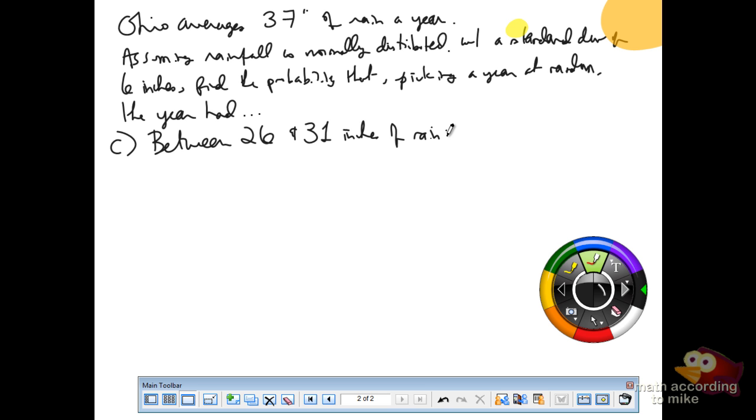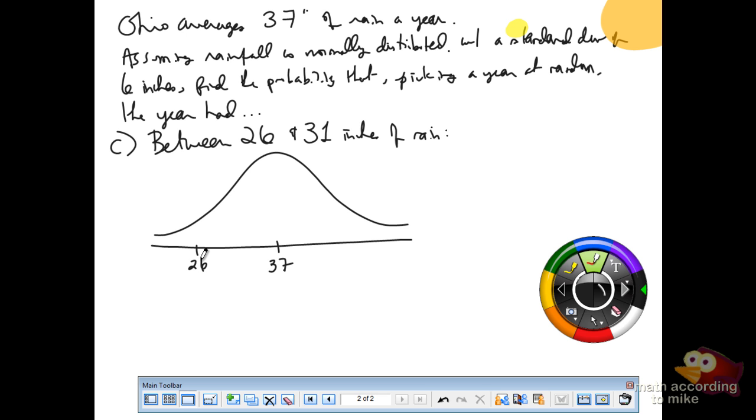Before we do this one, let's actually draw a picture. If I draw a normal curve here, what number goes in the center? 37, very good. 26 and 31 just happen to both be below. This drawing is not to scale.